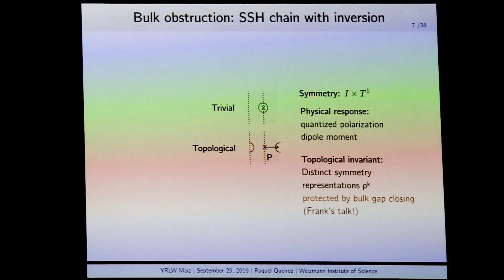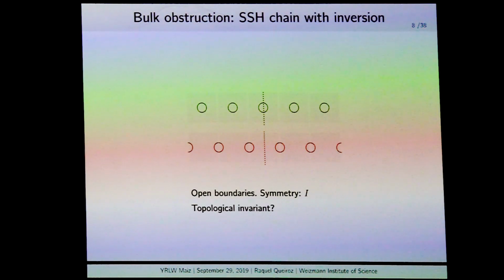But there's also a physical response: if we consider that in the center of the unit cell there's a positive ion, then in the topological case there's a charge displacement between the positive charge and the negative charge, and there's a quantized polarization. We can actually drop translation symmetry from this problem, and we have the same topological distinction.